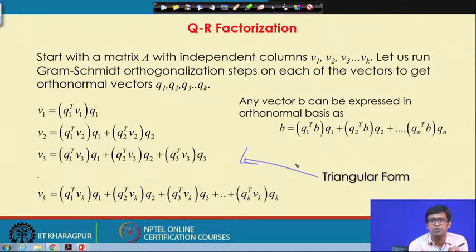Remember, V1, V2 to Vk are columns of a matrix A, and we are thinking of solving Ax = b. So, if we substitute these as columns of matrix A, what happens then?